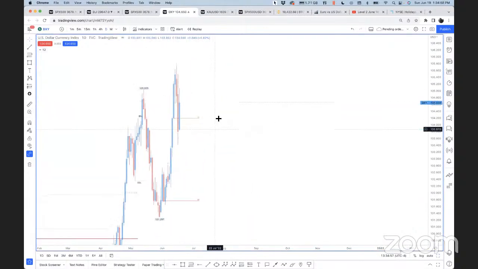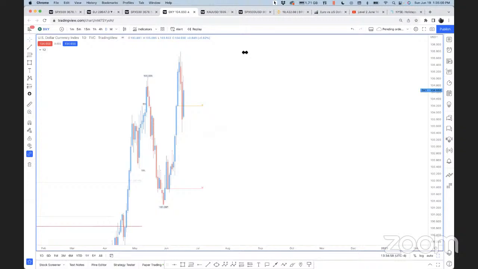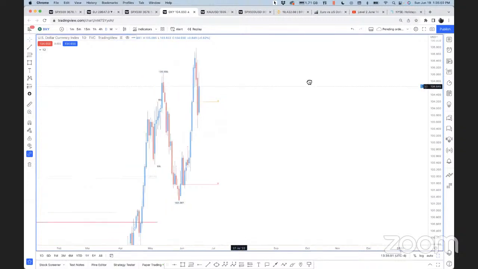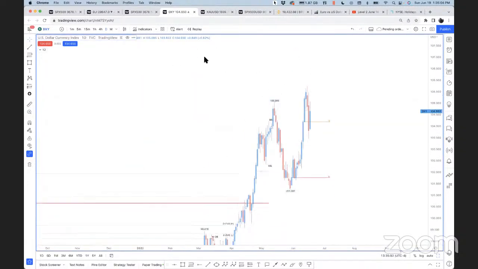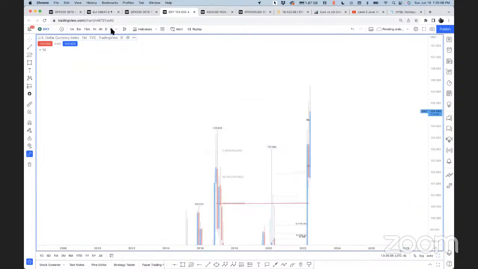So on dollar, we just hit some weekly levels and monthly levels. So we need to look at the monthly.